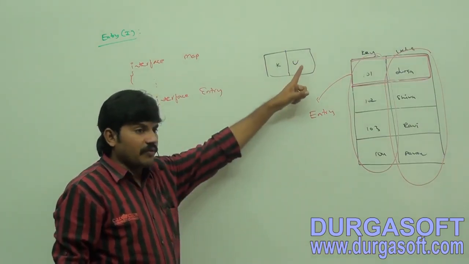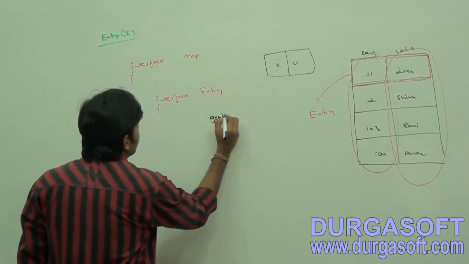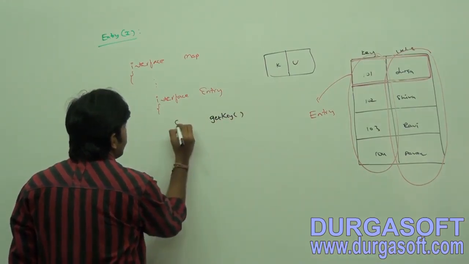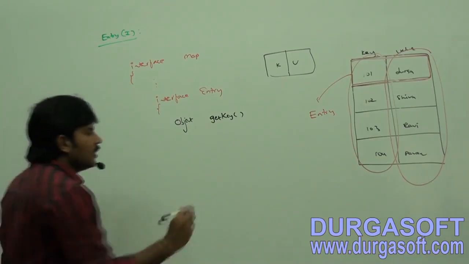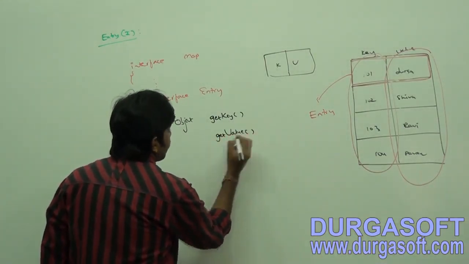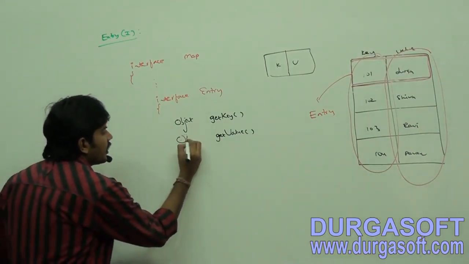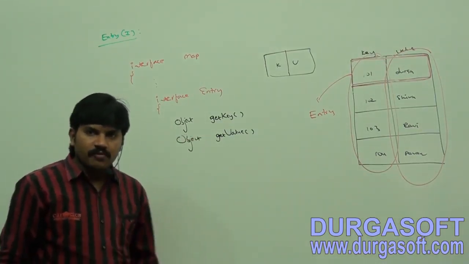What is your value? So the first method is getKey, and the return type is Object. Next, getValue, and the return type is Object.